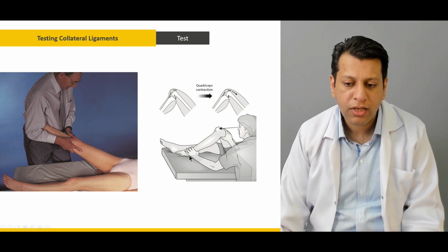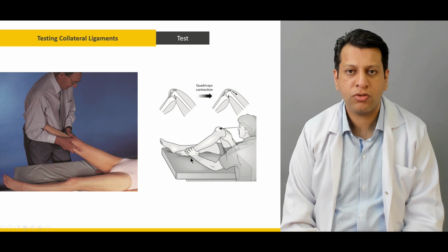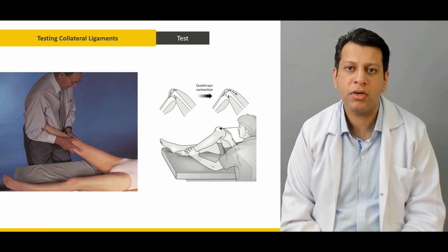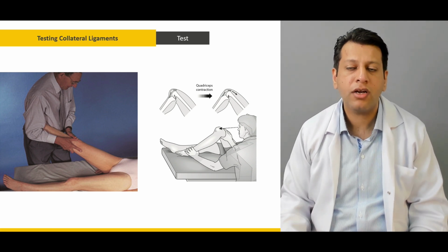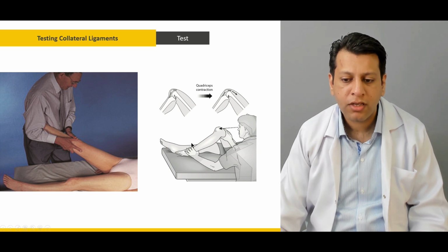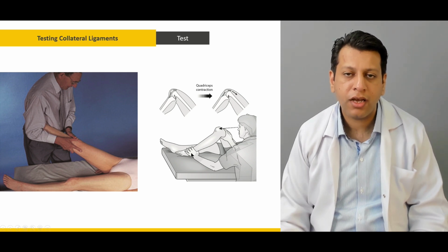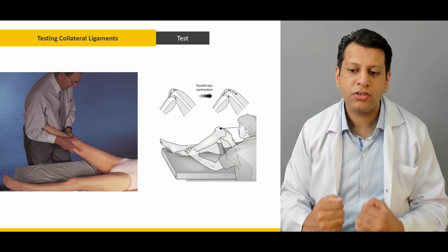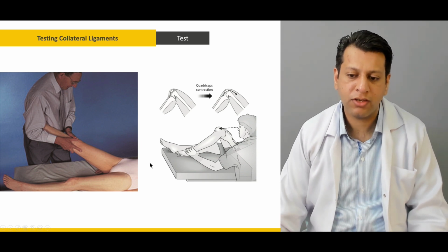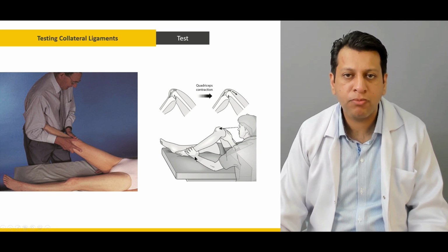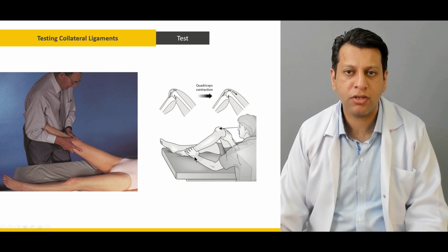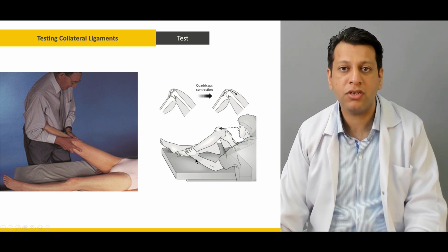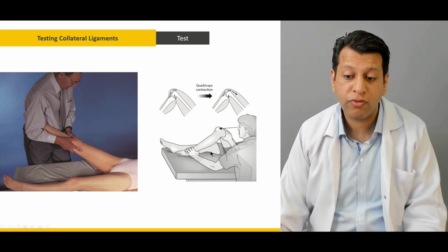The foot is made stationary by the examiner's hand, or the other option is that the examiner can sit on the foot and ask the patient to straighten the leg in this direction. As the foot is planted on the couch by the examiner sitting on the foot, the foot will not move.